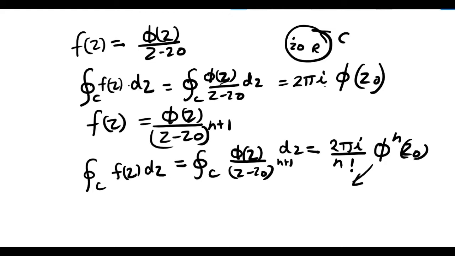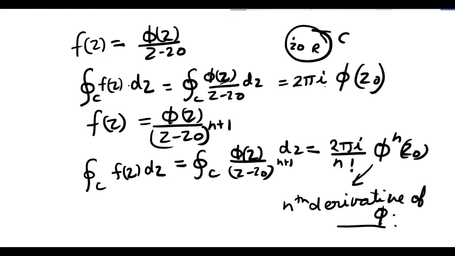In this case, phi^(n) is the nth derivative of phi. So now let's take some examples.